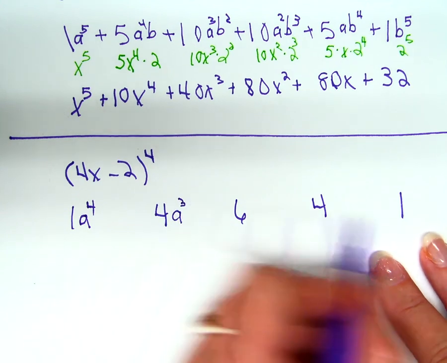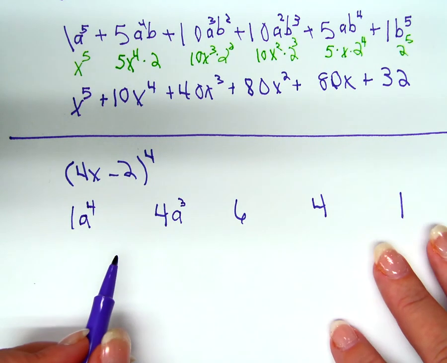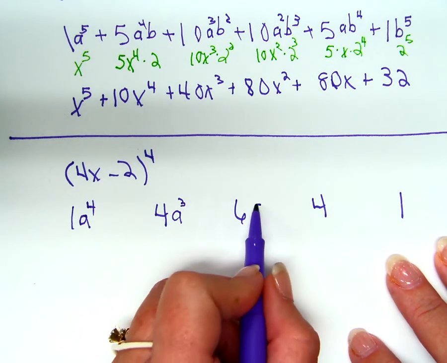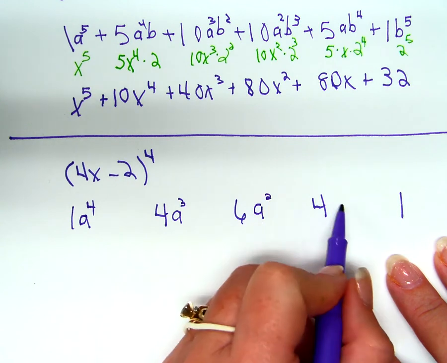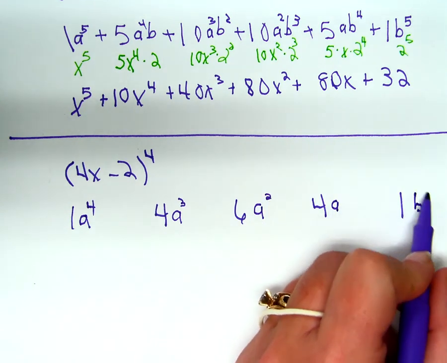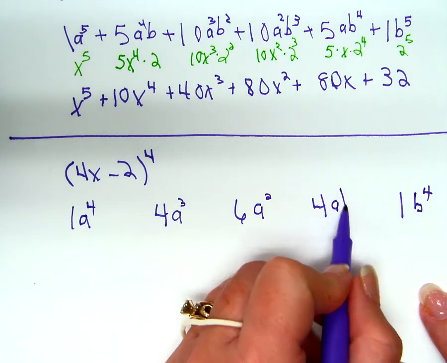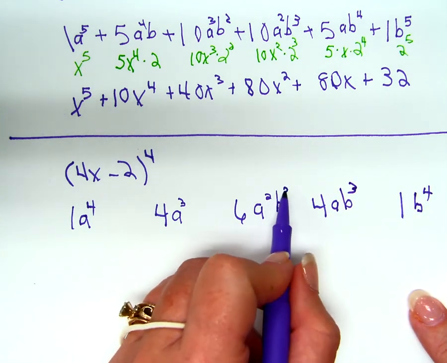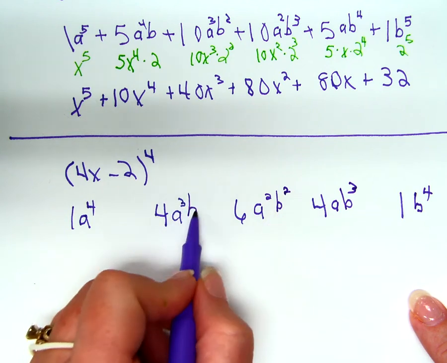Some people just want me to do one and then the other. I don't care. You tell me. We can just do one. Okay, so a to the fourth, a to the third, a squared, and a. And then start at the back. B to the fourth, b to the third, b squared, and b.